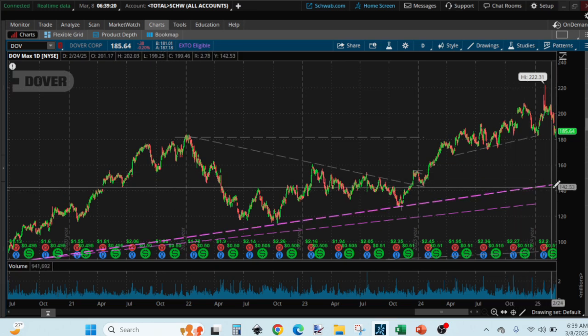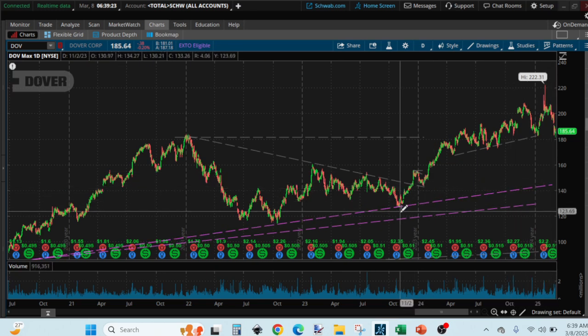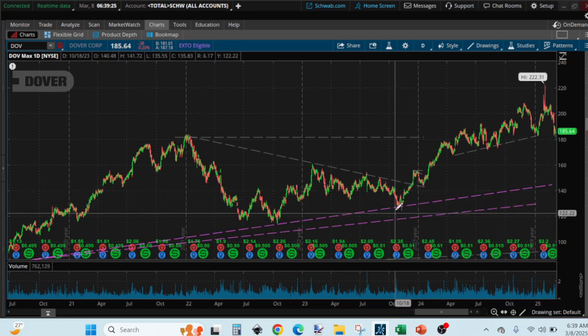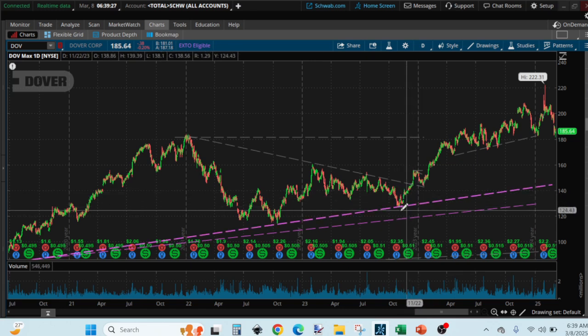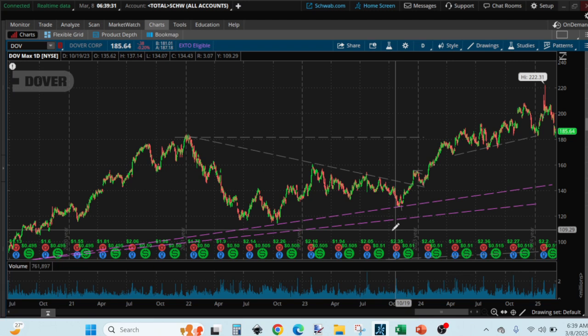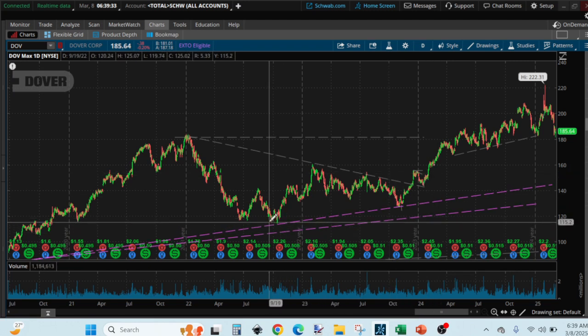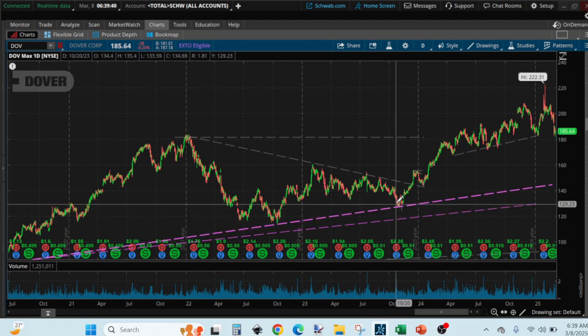And before you buy, you can compare how it behaved the last time it touched base with that trend line. If it lingered around that trend line for a while before leaving, or if it left quickly. For this one, you can notice that it stayed a little bit around the trend line before it started going up, but not too much.